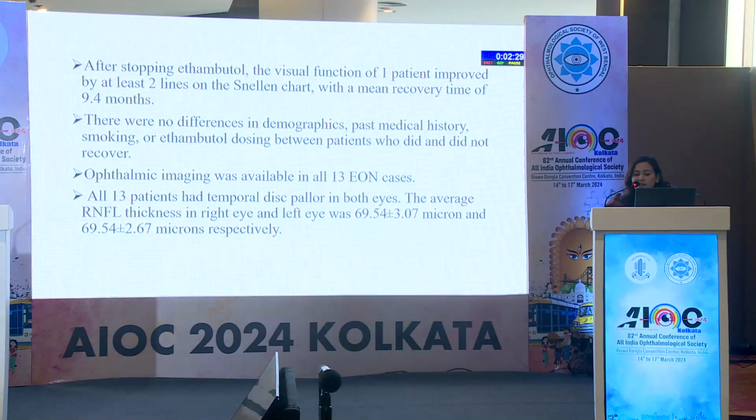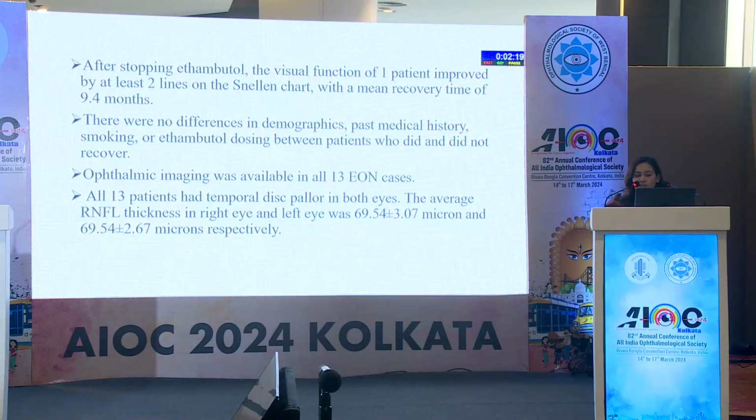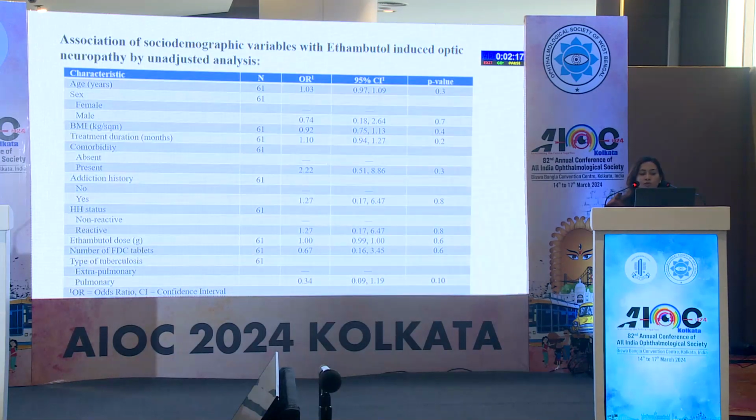The average RNFL thickness in the right eye and left eye was 69.54 plus minus 3.07 microns and 69.54 plus minus 2.67 microns. These are the associations of socio-demographic variables, in which we included age, gender, BMI, treatment duration, comorbidity, addiction history, serology, ethambutol dose, number of fixed dose tablets, and type of tuberculosis, which were not found to be significant in our study.